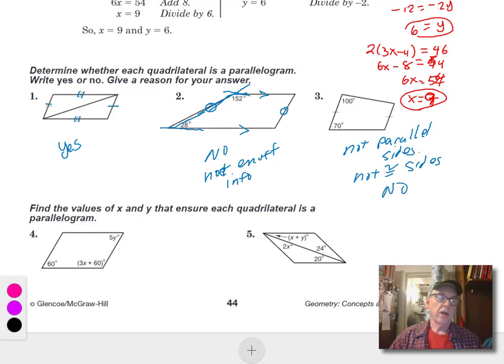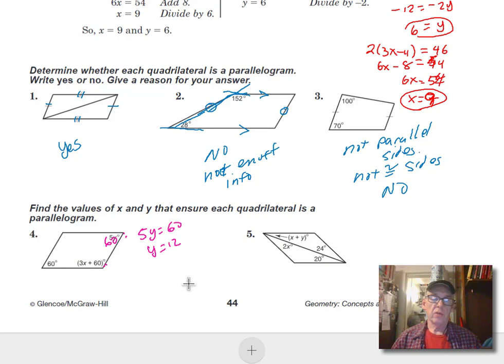Okay, let's look at the last two here. Find the values of x and y that ensure that each quadrilateral is a parallelogram. So a parallelogram is going to have opposite angles congruent. So 5y has to equal 60 because these two angles are congruent. Divide by 5, y is equal to 12. So if y is equal to 12, both of those are 60-degree angles. If it's a parallelogram, then these two angles need to be supplementary.